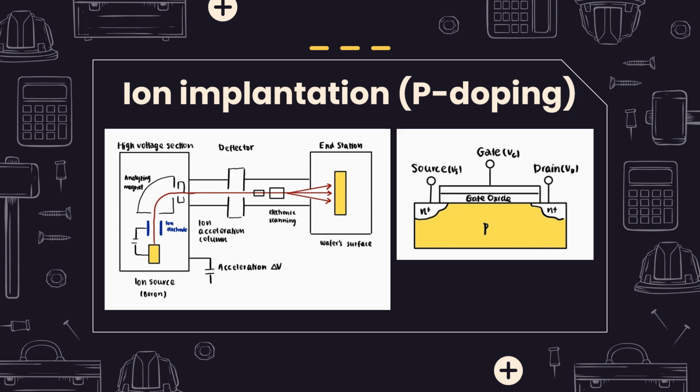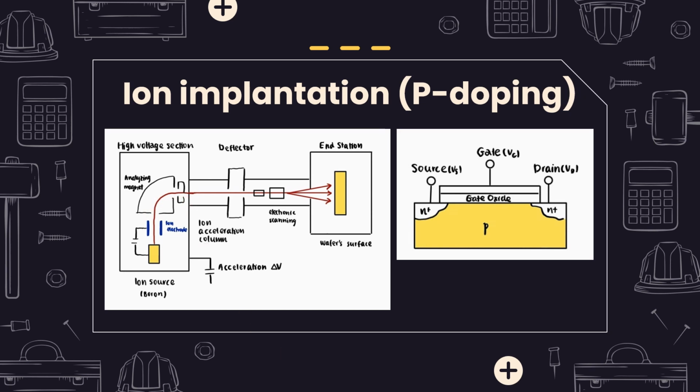So here is a sketch of what I was talking about previously. As we are p-doping, we've got our boron source here. Here we have the boron electrodes. This is the analyzing magnet, and all this stands for the high voltage section. So basically, we will apply a voltage so that our boron ions can flow.